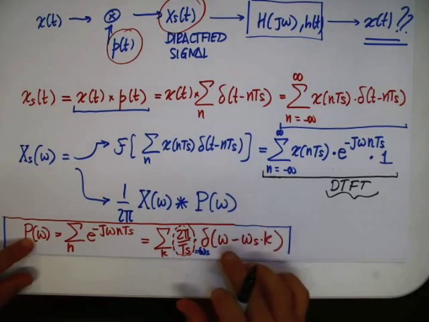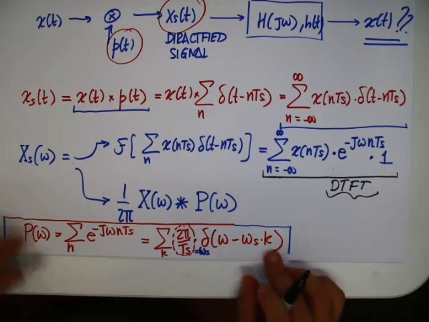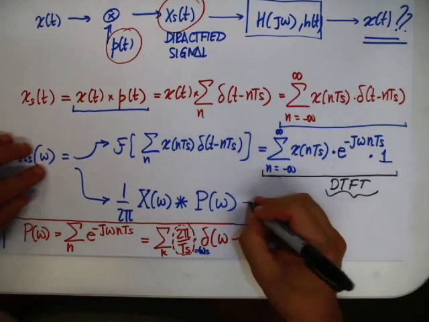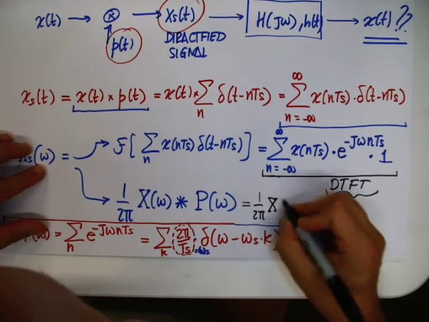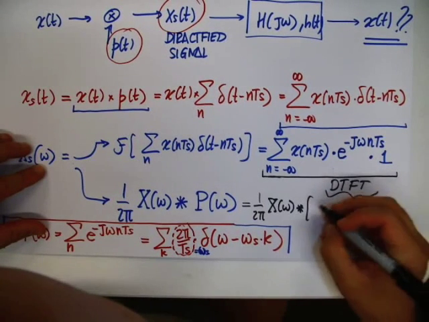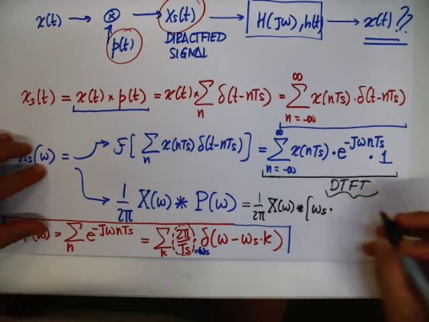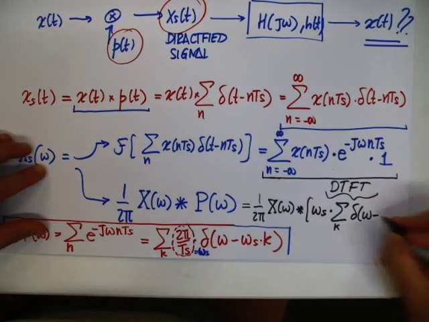So this convolution is going to be easy to do if I have a bunch of deltas. Indeed, this is equal to 1 over 2 pi, X of omega convolved with omega_s times this infinite sum of deltas.